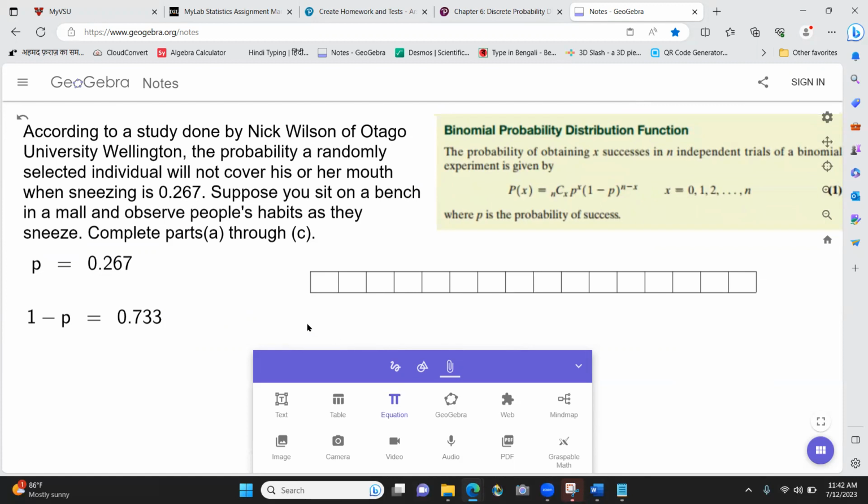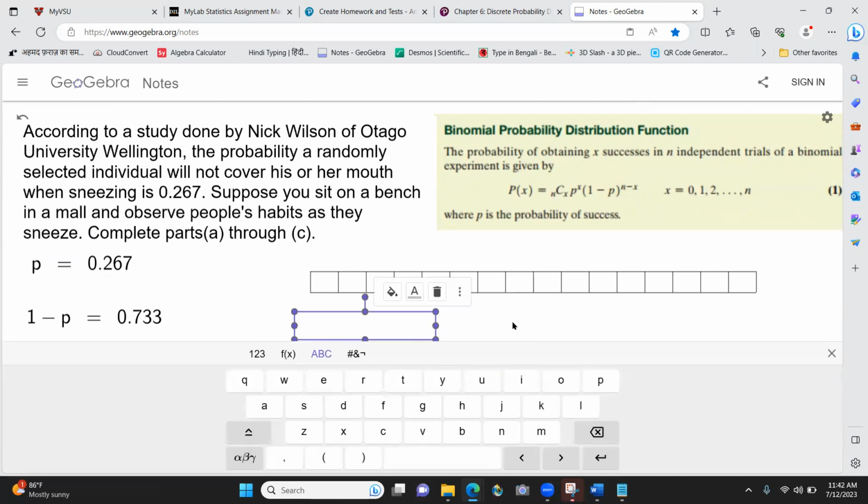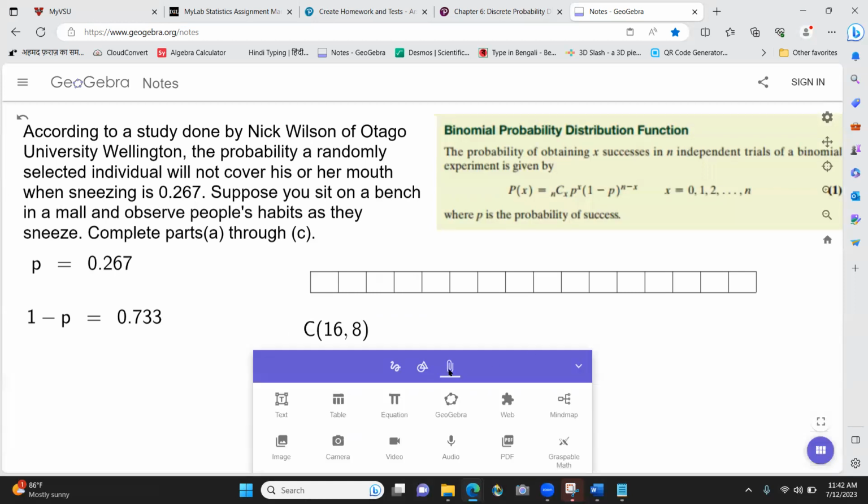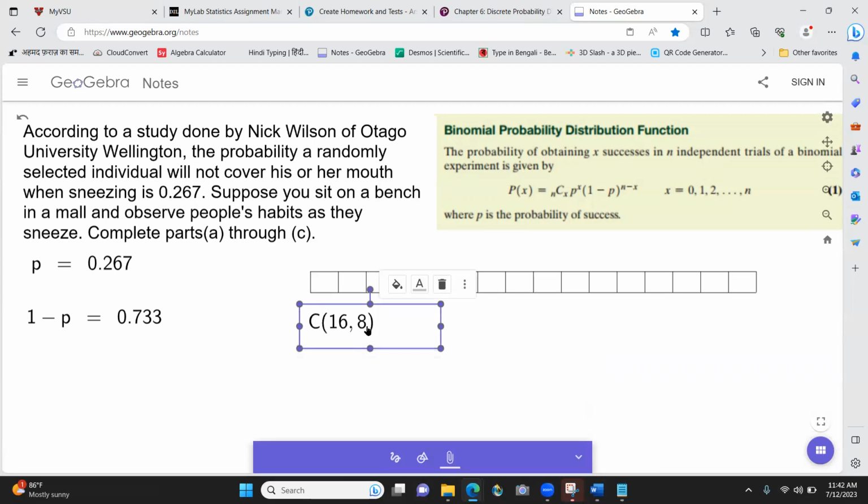So you have to very carefully say, I'm going to write it like this: C(16, 8). You're going to choose 8 boxes, and that can be done in this many ways. 16 choose 8. Once you choose which 8 boxes where people don't cover, the rest of the people will cover, right?